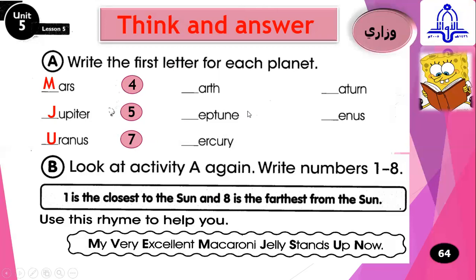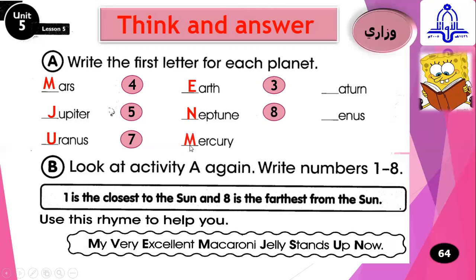وتسلسله السابع. The fourth one is Earth. Earth, الأرض. And its order is 3rd. وتسلسله الثالث. The following is Neptune. كوكب Neptune. The missing letter is N. And its order is 8th. وتسلسله الثامن.